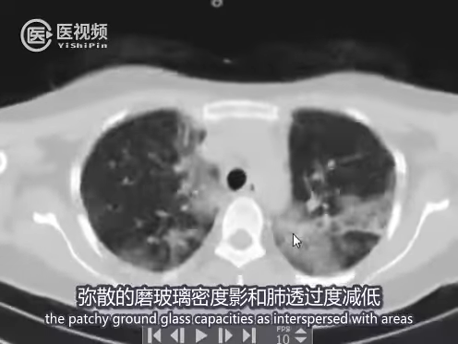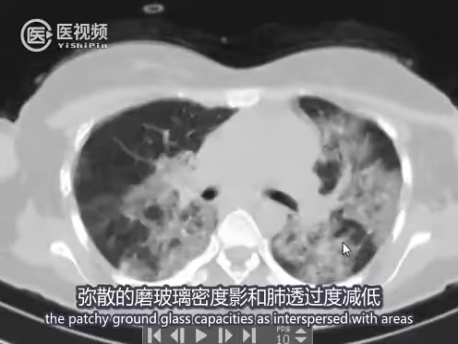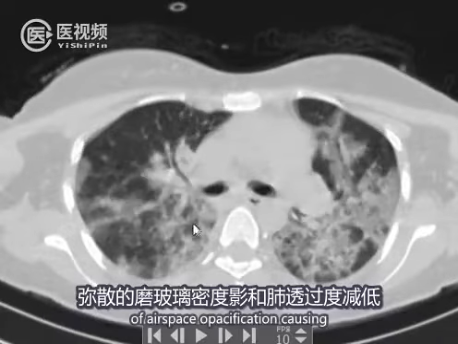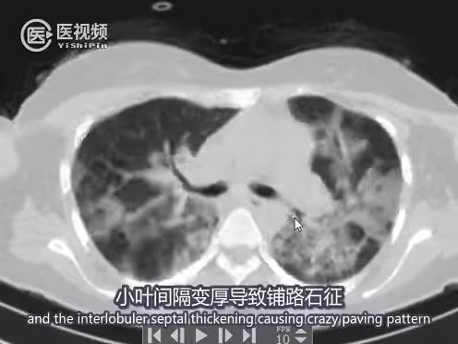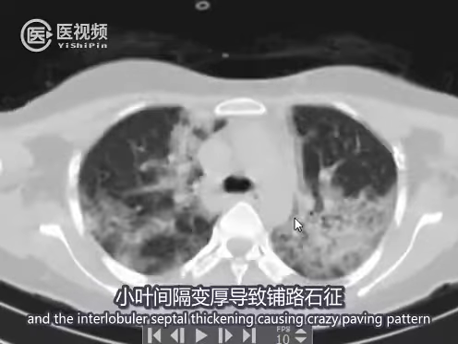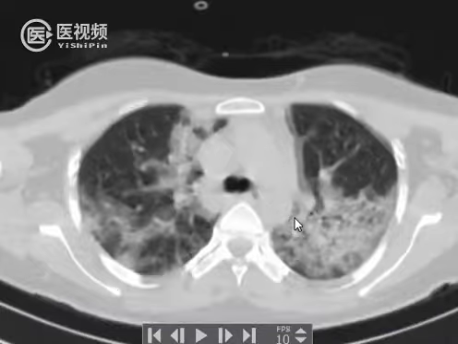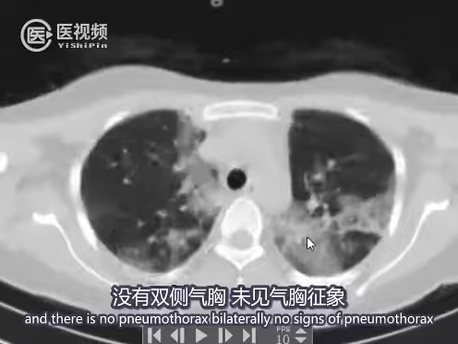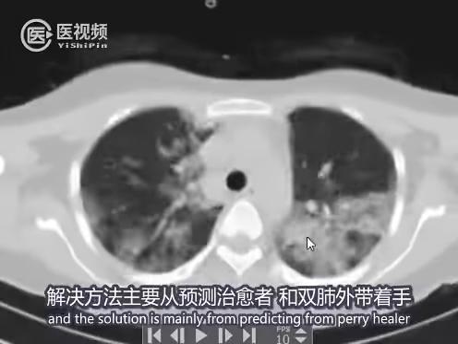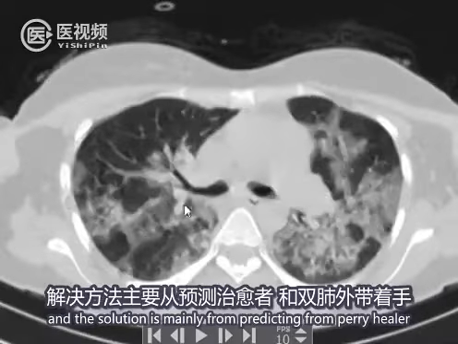The patchy ground glass opacities are interspersed with areas of airspace opacification and interlobular septal thickening causing a crazy paving pattern, and there is no pneumothorax bilaterally.